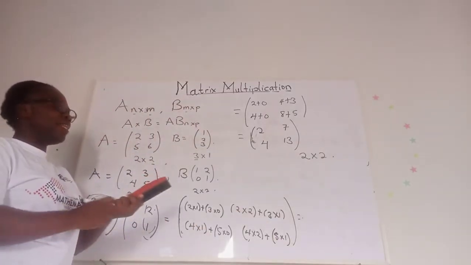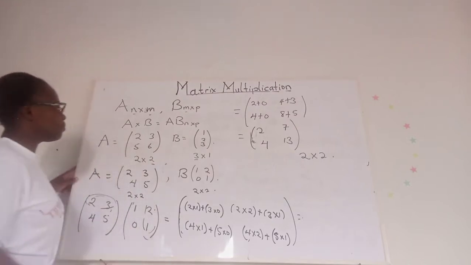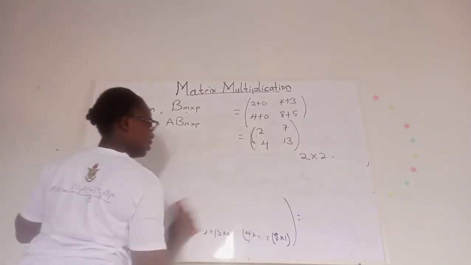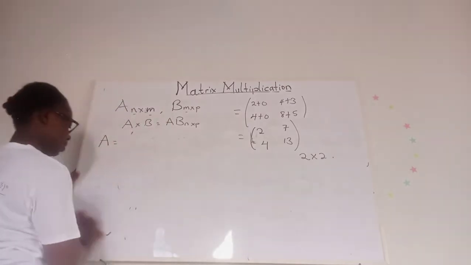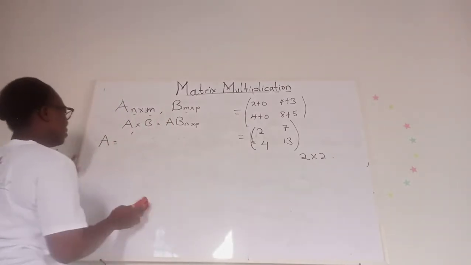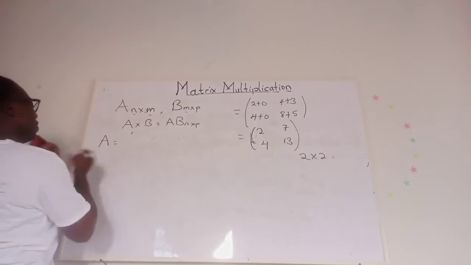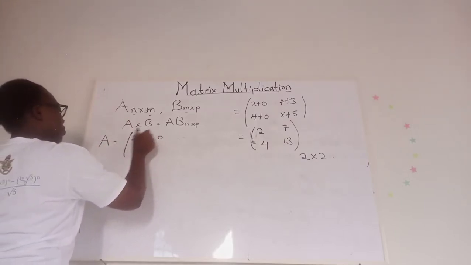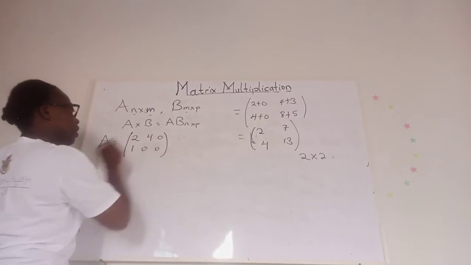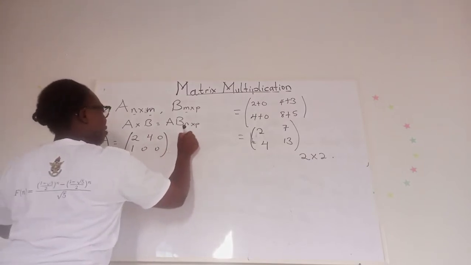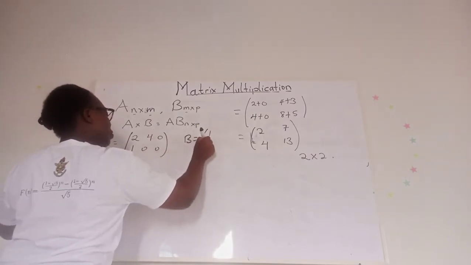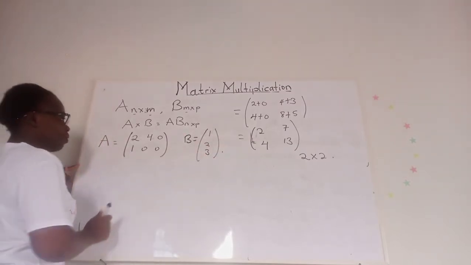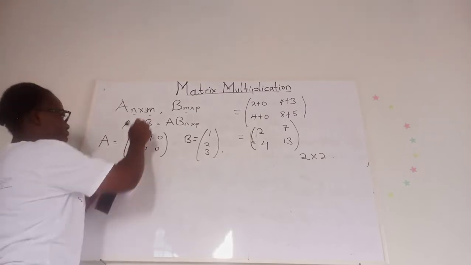Let's take another example. This time I have A to be 2, 4, 0, 1, 0, 0. This is A. And I have B to be 1, 2, 3. Okay, so we want to check how many columns we have here.